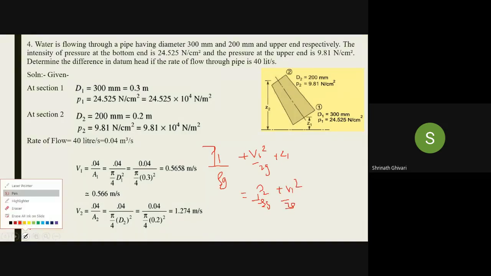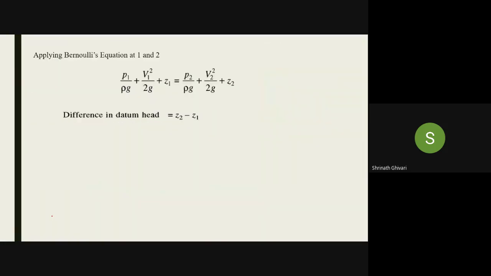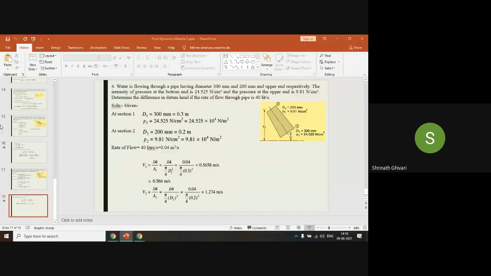Okay. Anyone got the answer? Sir, 13.70 meter. Very good. 13.70 meter is the difference between datum head, Z2 minus Z1. Okay. We shall see some more problems tomorrow.